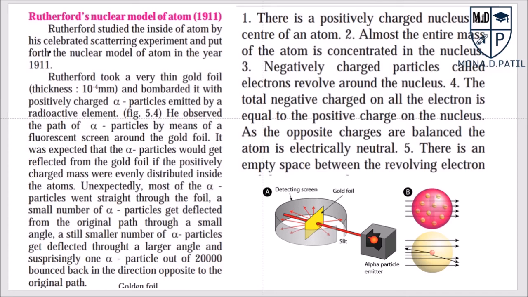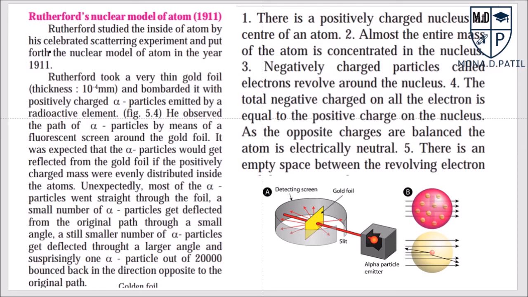Unexpectedly, most of the alpha particles went straight through the foil. A small number of alpha particles got deflected from the original path through a small angle. A still smaller number got deflected through a large angle, and one alpha particle out of 20,000 bounced back in the direction opposite to the original path.